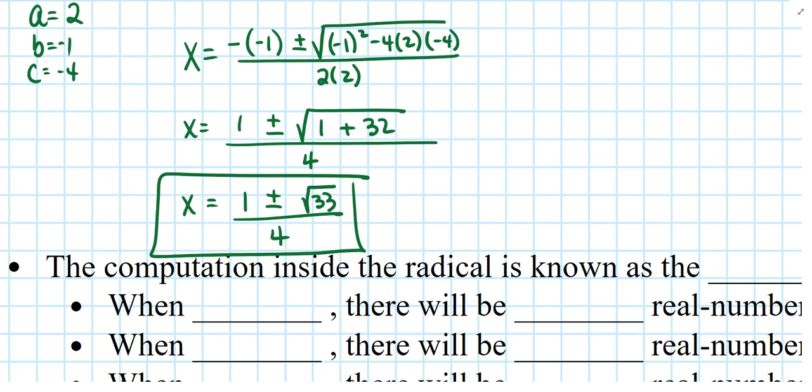So, without factoring, graphing, or completing the square, we have two solutions for the quadratic.